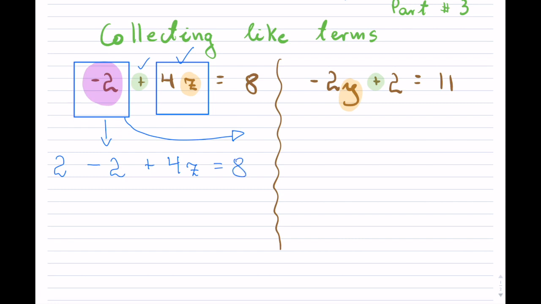Because I added this 2, I have to also add the 2 on the opposite side, so that it doesn't change anything. So here, -2 plus 2 is obviously 0, and all I have left is 4z equals, and here 8 plus 2, which is going to be 10.